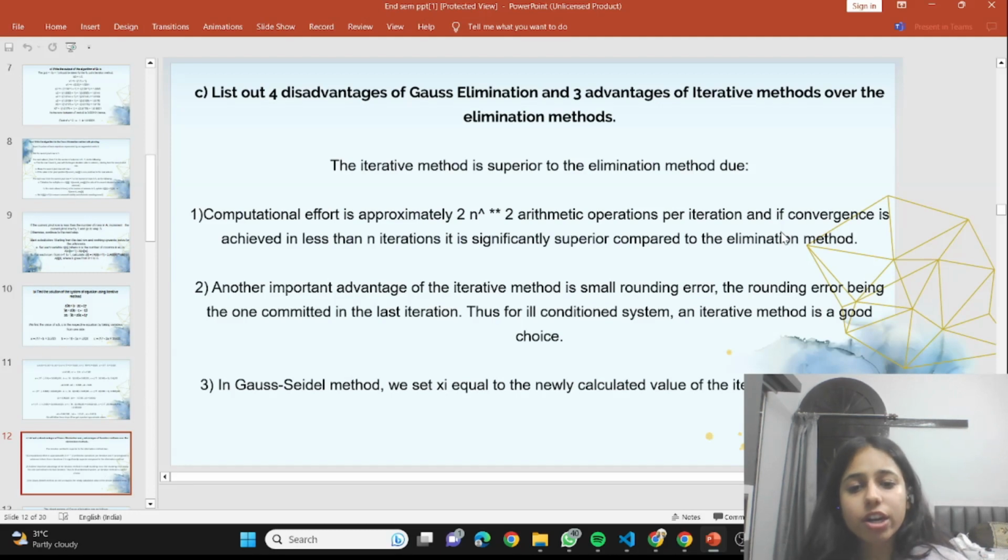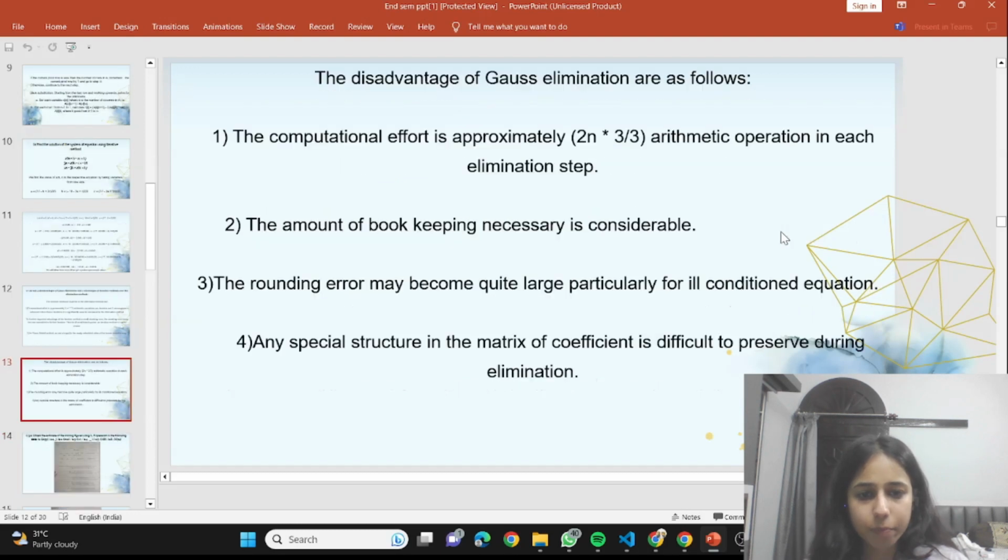Second, another important advantage of the iteration method is small rounding error, the rounding error being the one committed in the last iteration. Thus, for an ill-conditioned system, an iterative method is a good choice. Third, in the Gauss-Seidel method, we set x_i equal to the newly calculated value of the iterate stored in temp.